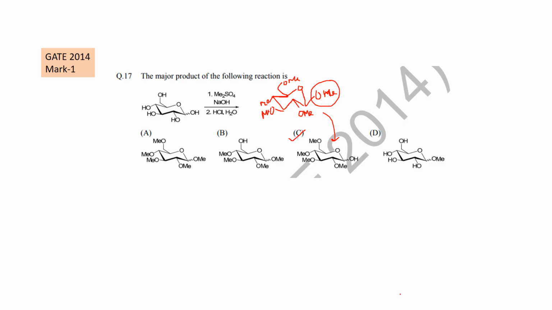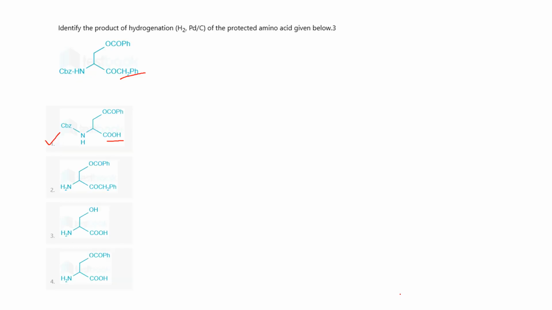Then we discussed one question, like how by using one protecting reagent we can protect all the hydroxy groups, and the deprotecting reagent only deprotects one center. Then we discussed about this one.